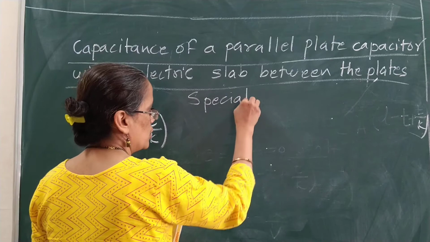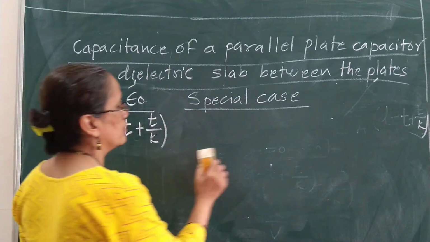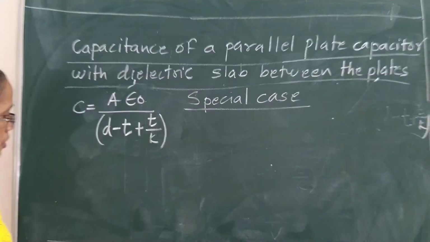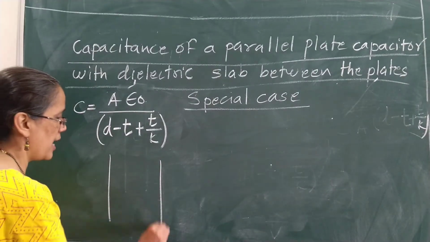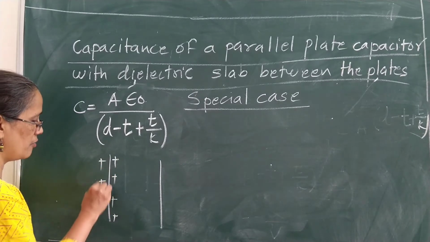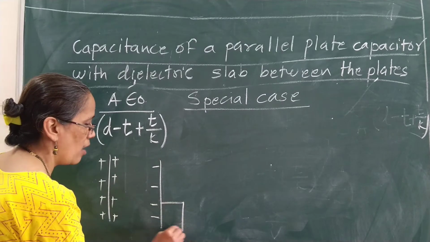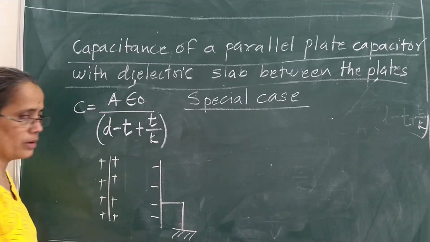So in that, your first special case. Whatever diagram I have drawn previously, positive charge is distributed on the first plate, negative charge is induced on the inner side, and the outer side of the second plate is connected to earth.